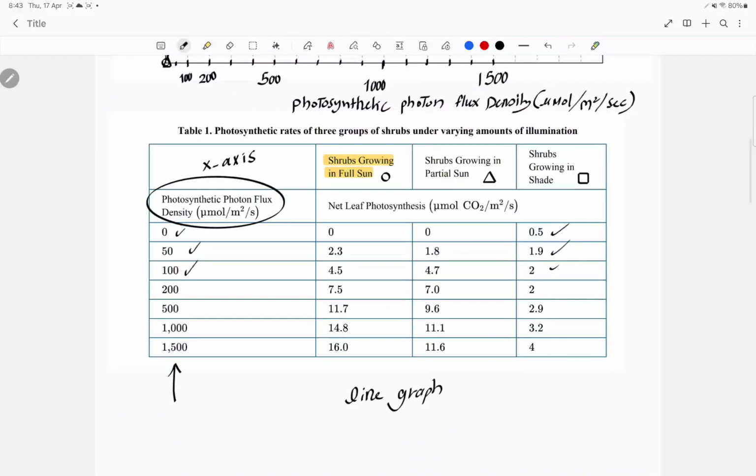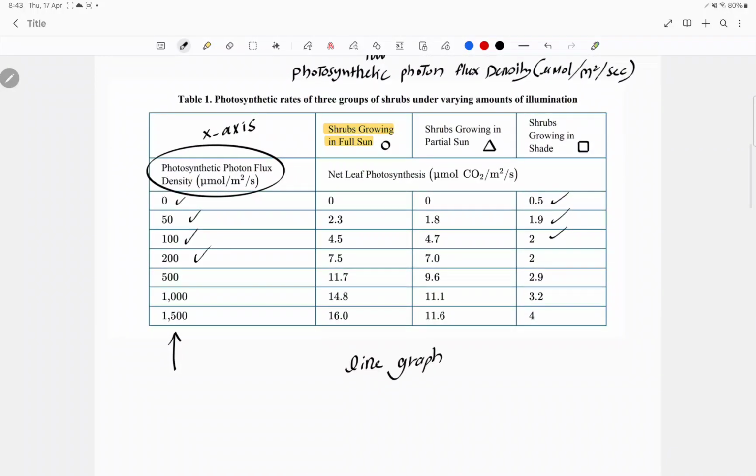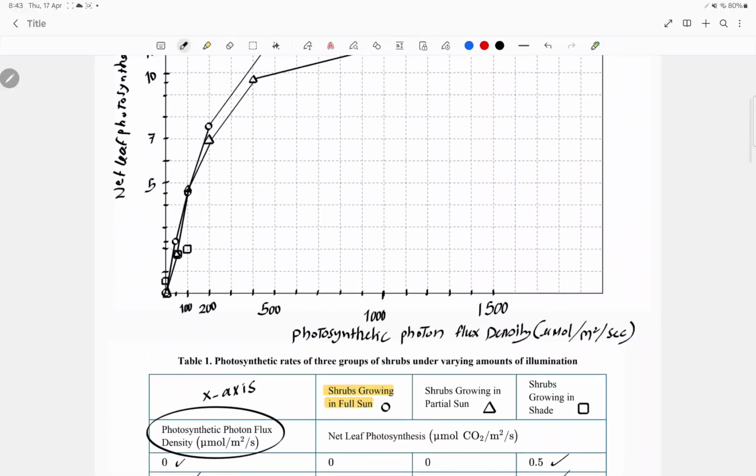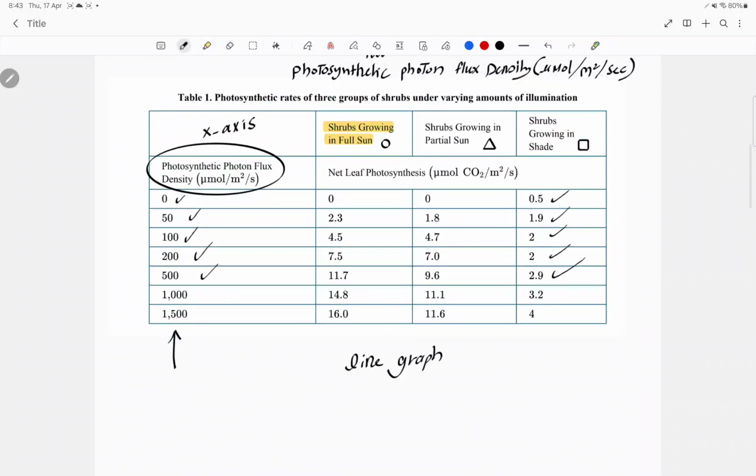Now we're going to do 100 and 2. So 100 and 2. Then we're going to do 202. Then we're going to do 502.9.